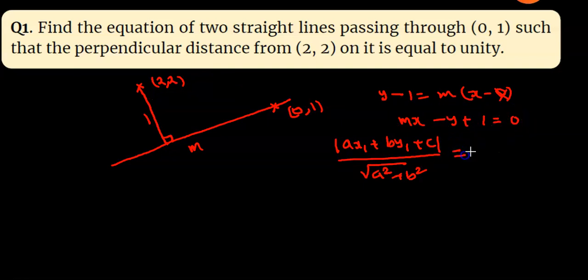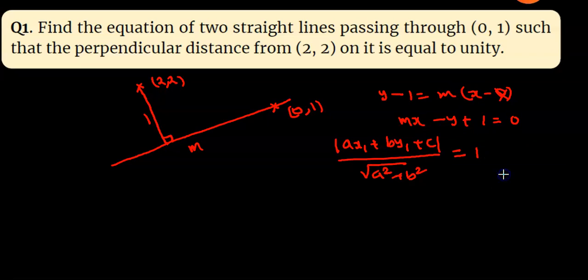And this should be equal to 1. From this, you can easily find out the value of m. You will get two values of m, because when you remove the modulus by squaring both sides, it will become a quadratic equation. When you substitute both the m values here, you will get the equation of a line.